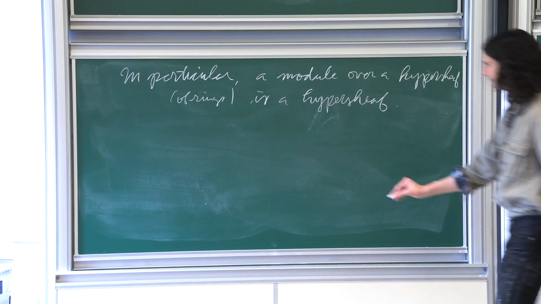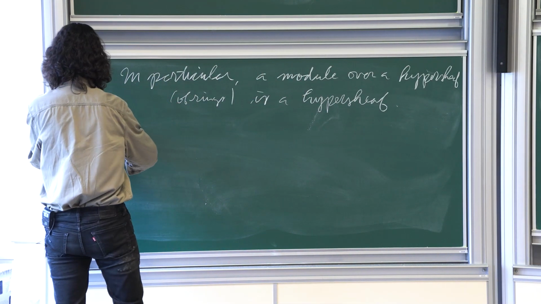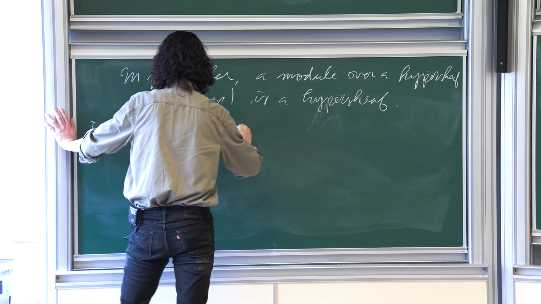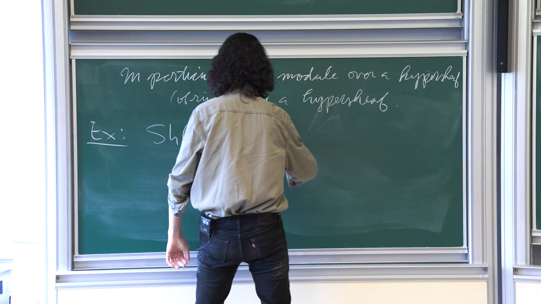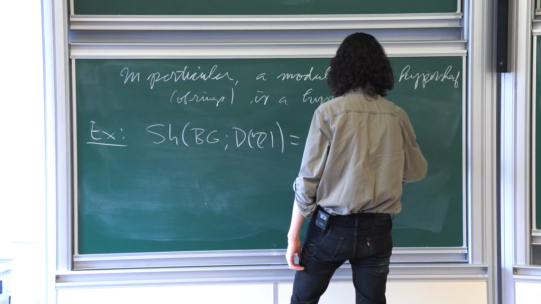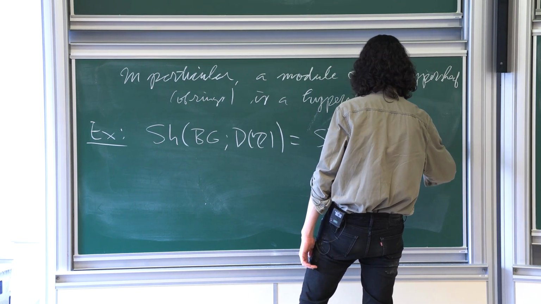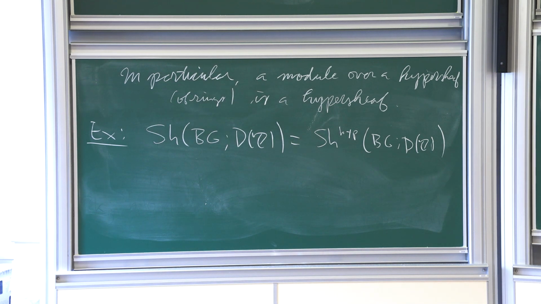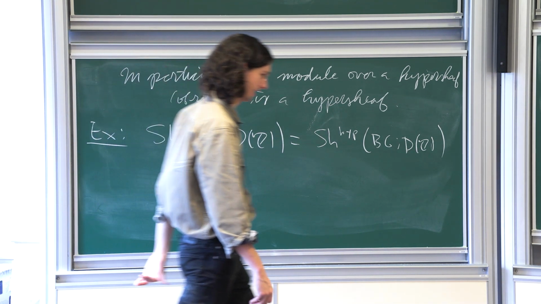So for example, if you're doing ordinary algebra, there's no difference. If you're doing some kind of purely algebraic sheaves, even in the unbounded derived category, they always satisfy hyperdescent.